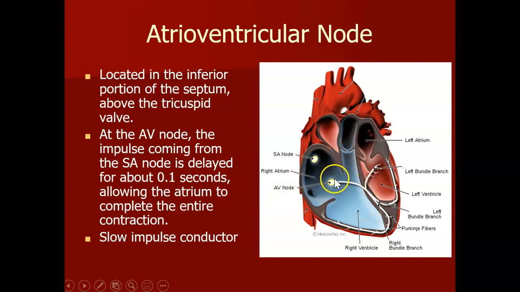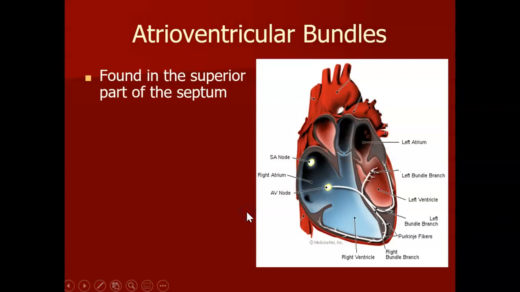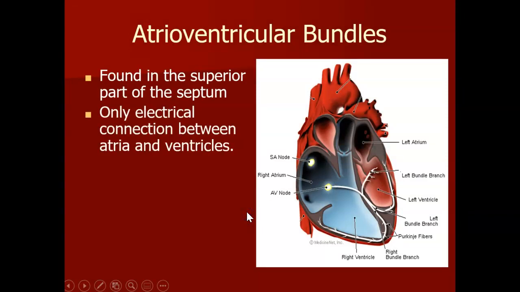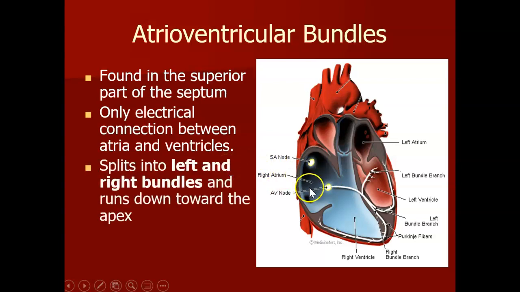The AV node is then going to send the signal to the next electrical pathway, which is called the atrioventricular bundles. This is found in the superior part of the septum here. It's really the only electrical connection between the atriums and the ventricles. And as the signal travels down through these AV bundles, it will eventually branch into bundle branches.